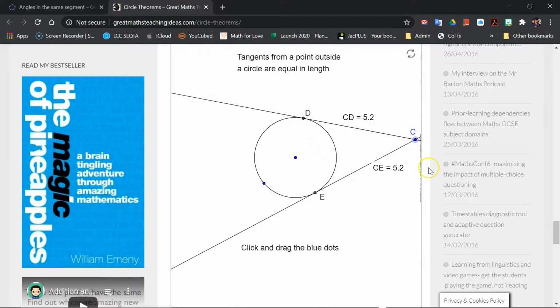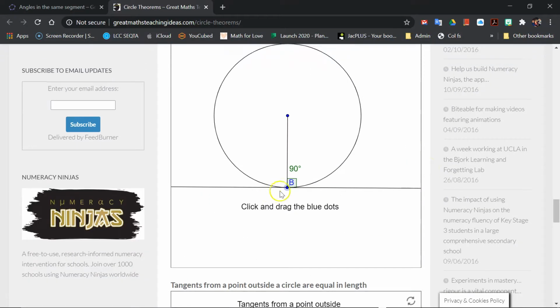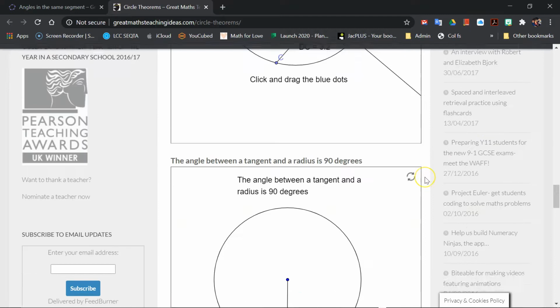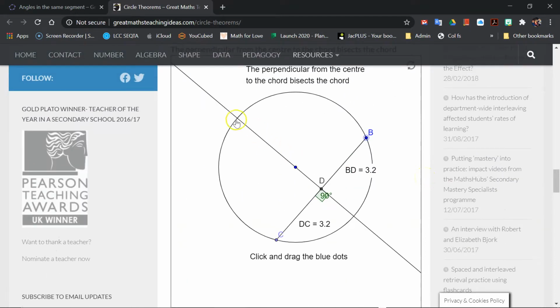Okay. So it's applying the same theorem as this one, where any radius that's touching the tangent is going to meet at 90 degrees. And then this theorem here, where the line going through the center of the circle is going to bisect the chord into two parts.